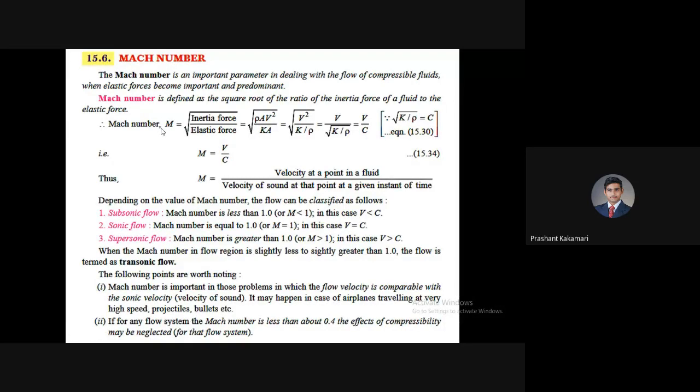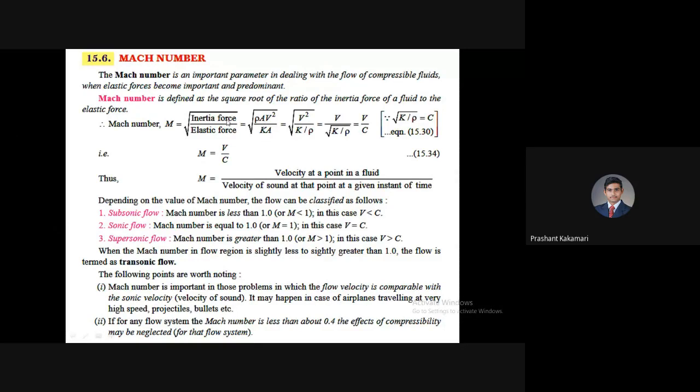Now, after simplifying this definition, I can write the inertia force as rho A V square divided by the elastic force, that is K into A. That K is the bulk modulus of elasticity for the given fluid. For a given area of the flow, the bulk modulus you can multiply with area.